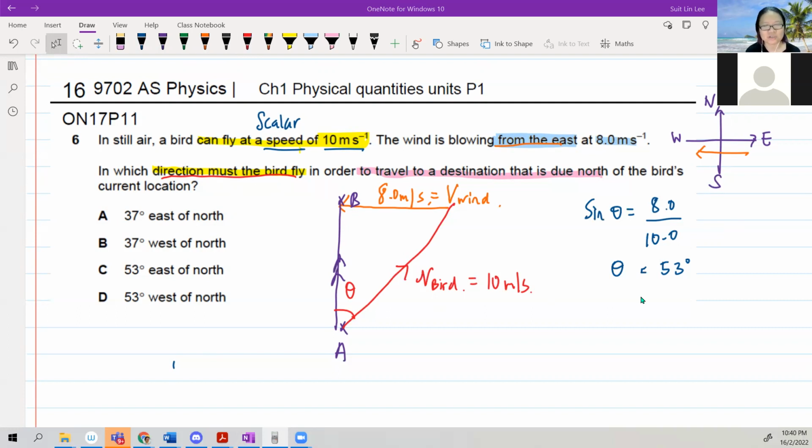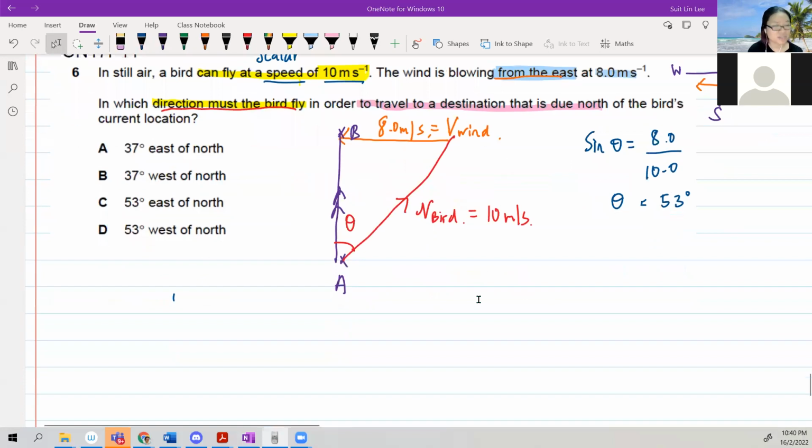Okay, but I need to figure out how to assign the direction. To assign the direction, I will need to draw a crosshair here and then mark out the direction of the bird. The bird is going to fly in this direction, and this is 53 degrees. Where was north? North was here. We stand at north, and then you have two decisions.